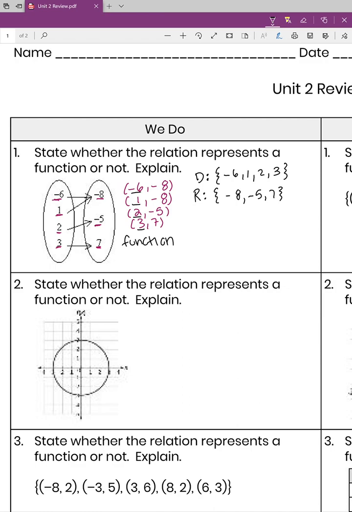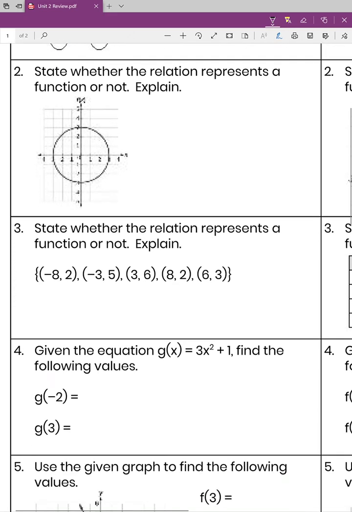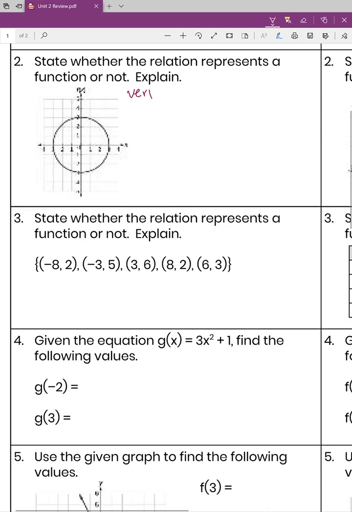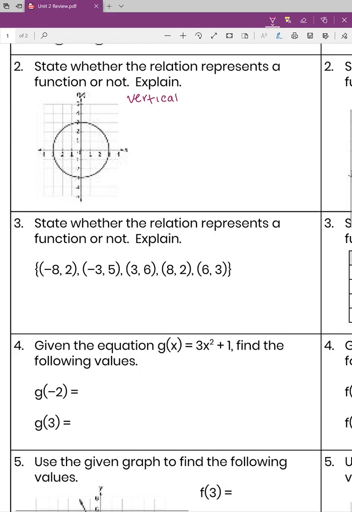Okay, let's look at number 2. Number 2 says state whether the relation represents a function or not. Remember, when we have a graph, we're going to use the vertical line test. We are checking to see if our vertical line hits the graph more than one time.